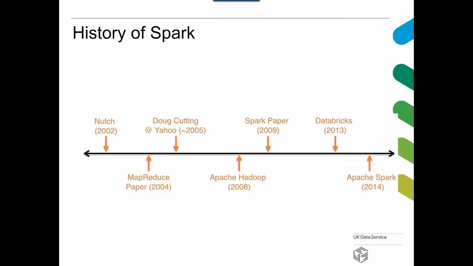The downside of MapReduce is it's very batch oriented. So you set up a job, you ran the job, you set up another job, you ran that job, and so on and so forth. It wasn't particularly interactive.